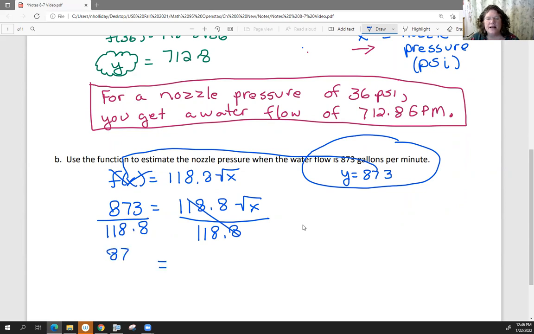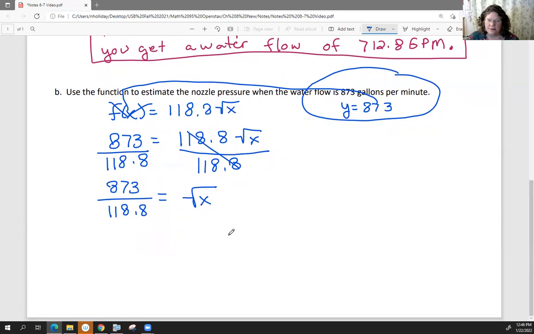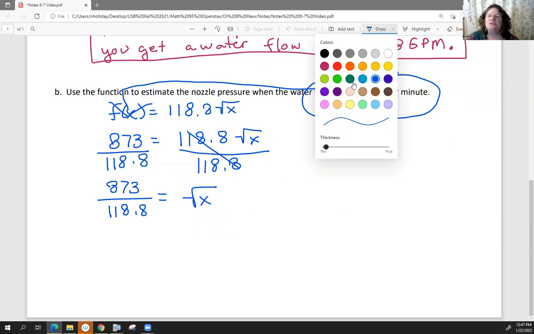Unless it comes out exactly even, I would just leave it like this until you get down to the end. So 873 divided by 118.8. When you're in a word problem, rather than simplifying everything and showing all your steps on paper, you're using the calculator to get an answer. Okay, so now that we've isolated our root, we can go ahead and square both sides.